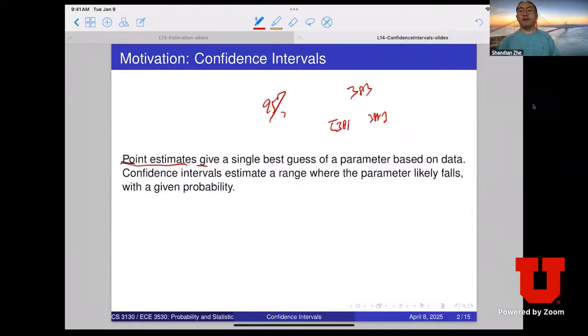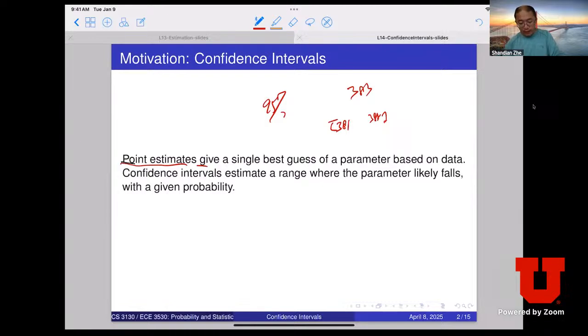Then people can have much more information to estimate the risk of the loss and then make a decision. That's where the concept called confidence intervals comes from.